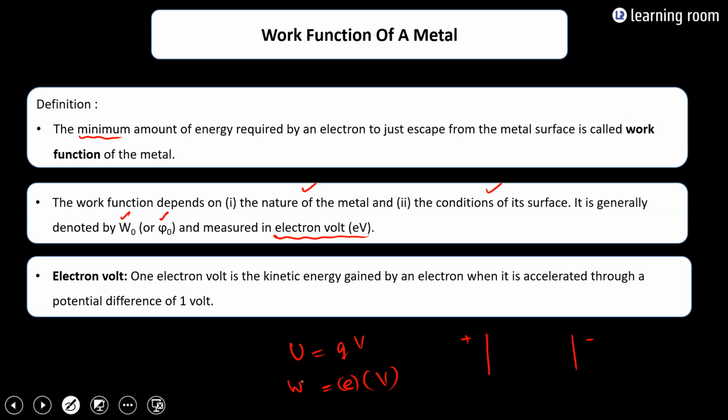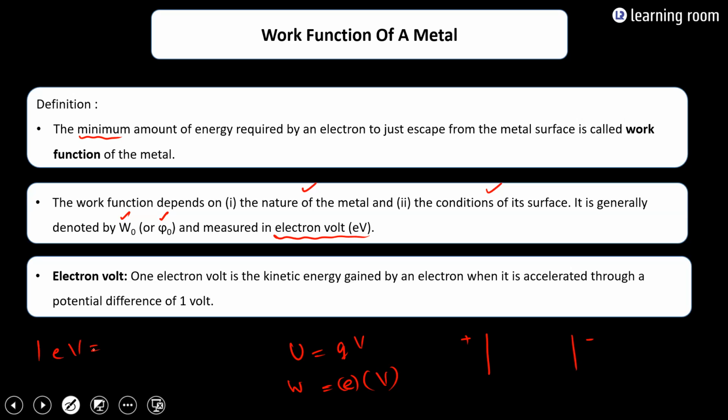So 1 electron volt is the kinetic energy that is gained by the electron when it is accelerated through a potential difference of 1 volt. Am I clear? Listen.